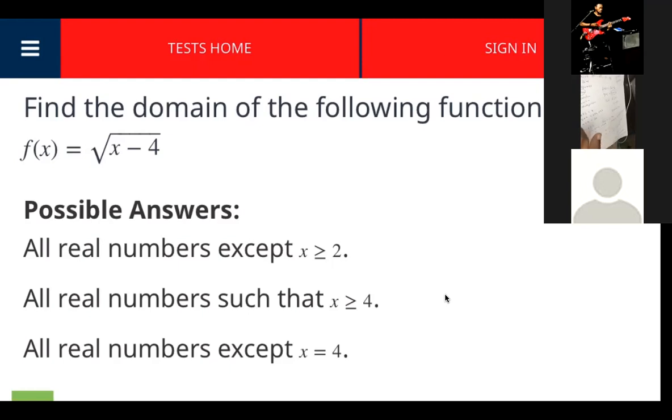And then the second one, all real numbers such that x is greater than or equal to 4. Now, once x is greater than 4 or equal to 4, then it means that you are eventually going to have a positive value.